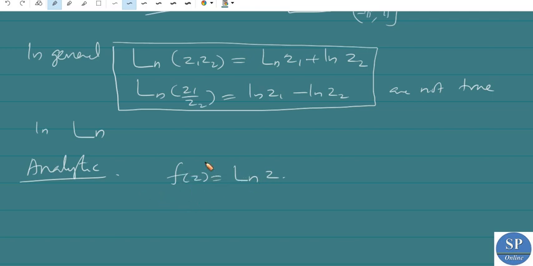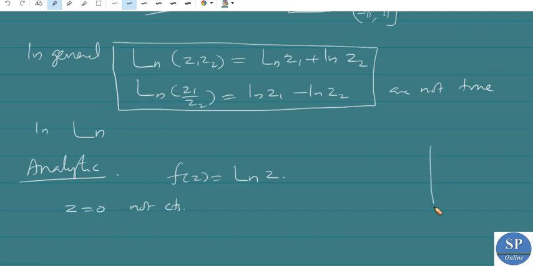We know this f of z, that is ln of z, is not defined at 0. So f of z is not continuous at 0. At the point z equal to 0, ln of z is not continuous. The reason is that f of 0, that is ln of 0, is not defined, so we can say that ln of z is not continuous at the point z equal to 0.